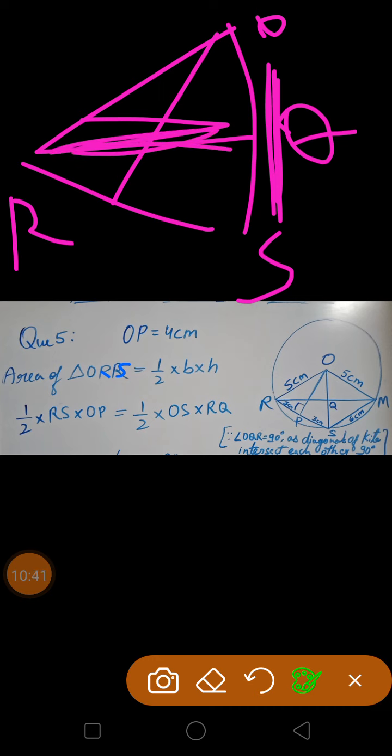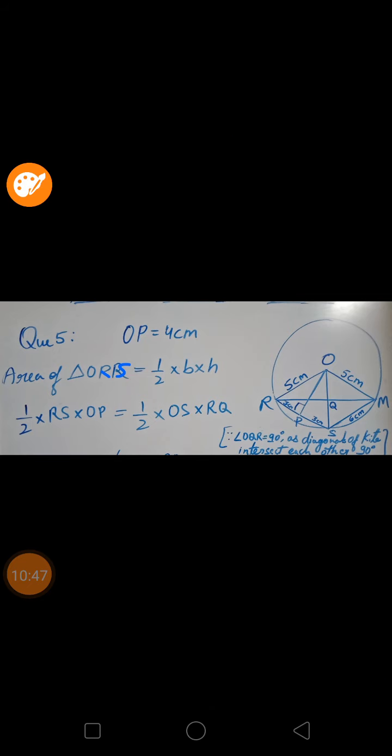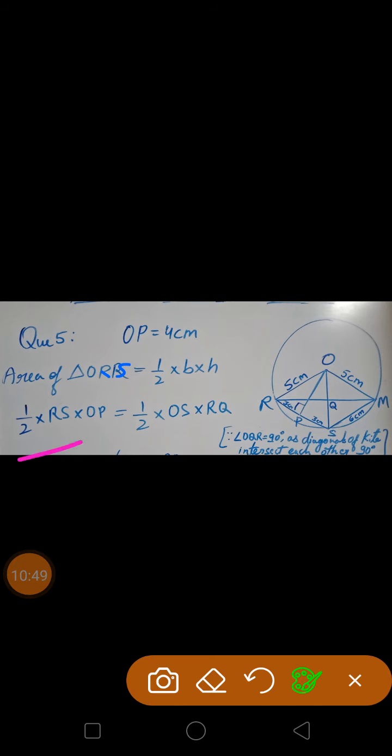The area will be the same whichever we take as the base. So first we are finding the area in both ways. RS as base and OP as perpendicular, perpendicular meaning height, and now OS as base and height as RQ.